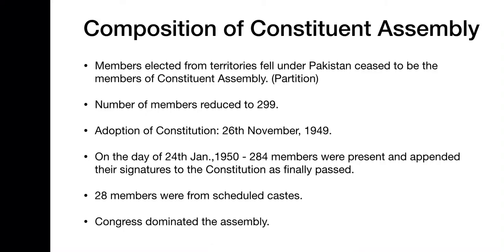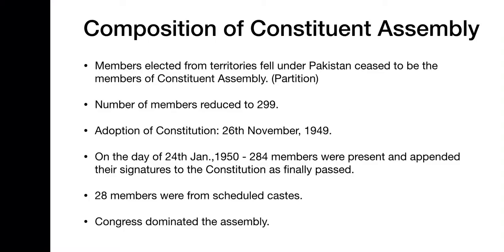As a consequence of the partition under the plan of 3rd June 1947, yes, you heard it right, I am repeating the plan of 3rd June 1947, those members who were elected from territories which fell under Pakistan ceased to be members of the Constituent Assembly. The number of members in the Assembly was reduced to 299, and the Constitution was adopted on 26th of November 1949.